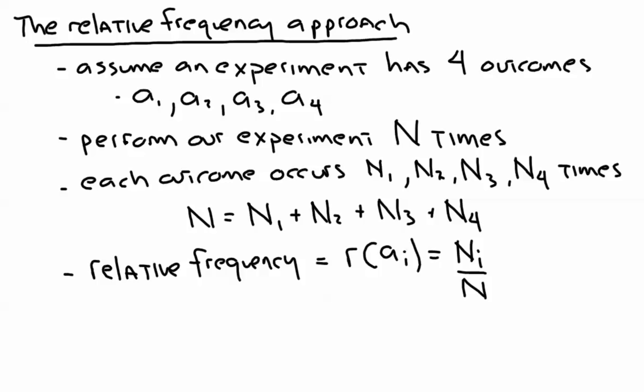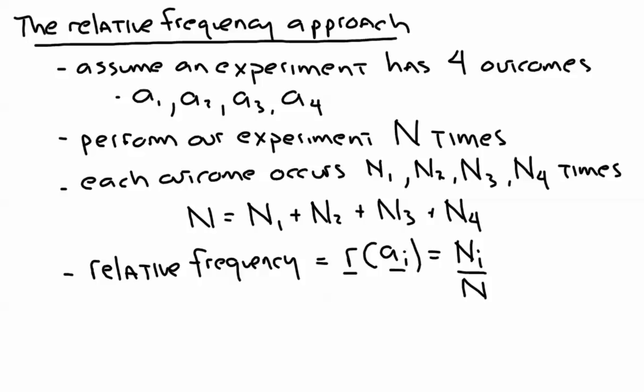The relative frequency, little r, of outcome little a sub i, is the ratio of the number of times outcome a sub i occurs, that's capital N sub i, divided by the total number of times we perform my chance experiment.